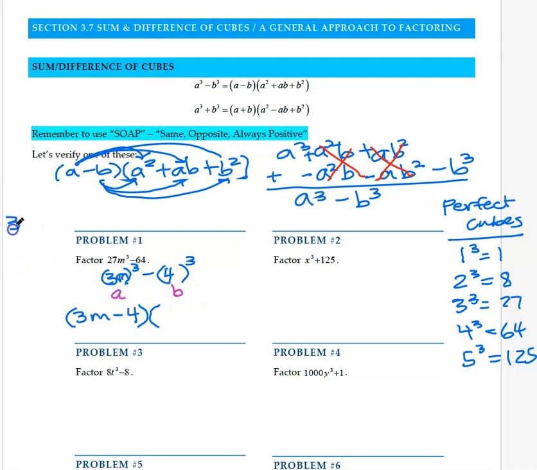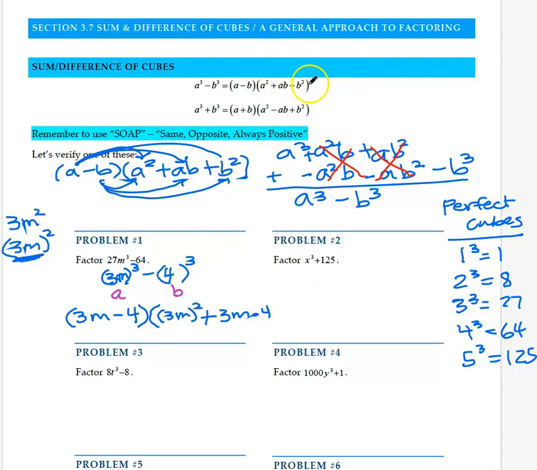And having 3m squared like that is not the same thing as having 3m squared like this. This is the one that we want. We have to take that whole thing and square it, so I'm going to put it in parentheses here. 3m squared, and then we'll have plus a times b, so I'll write it this way, 3m times 4.